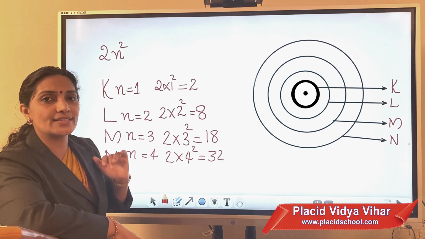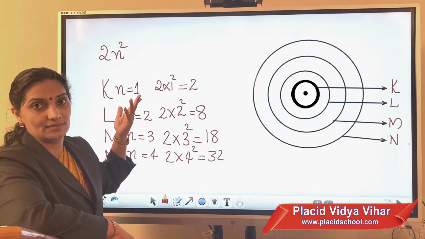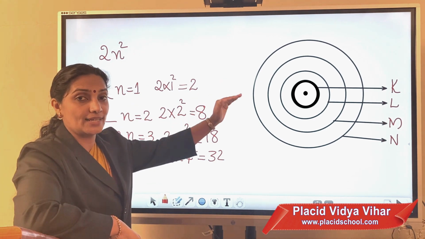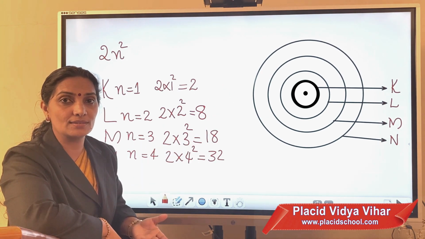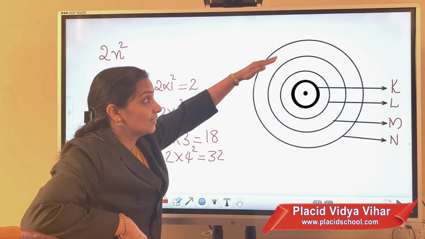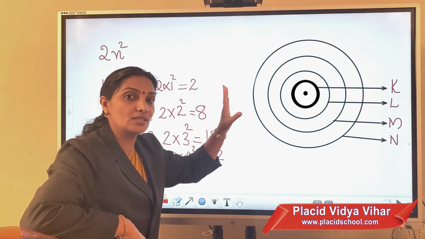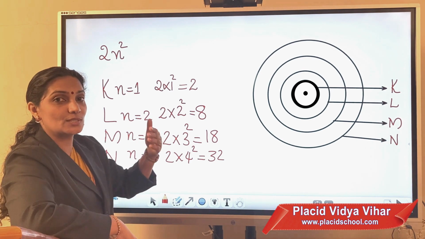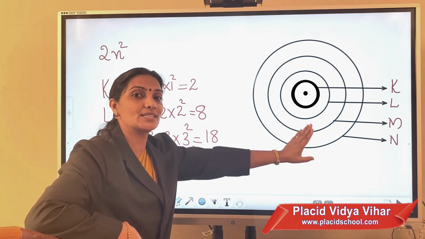Is this clear? It's very easy to calculate. Then the second point: electrons are filled in an atom in a step-by-step manner. What does it mean? Does the electron move to the outer shell first, or do the electrons move to the K shell? Which is correct? The electrons move first to the first shell, because electrons are strongly attracted to the nucleus.